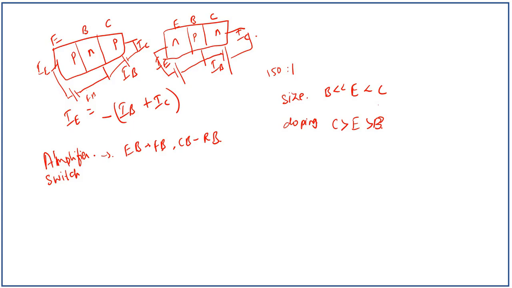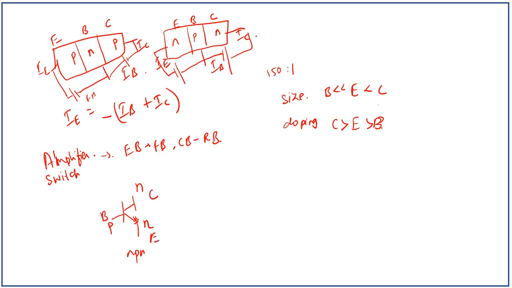So the NPN transistor diagram is like this. In the NPN transistor, the arrow mark goes outside. So this is the NPN transistor, with emitter, base and collector.